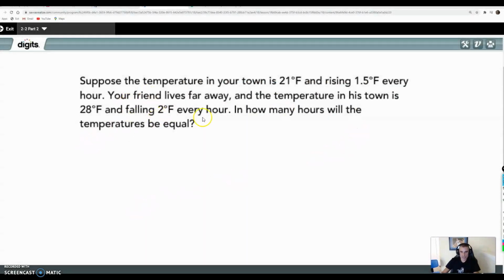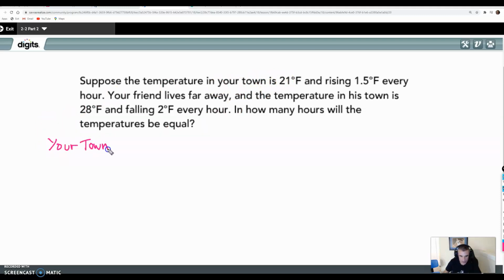All right, it says suppose the temperature in your town is 21 degrees Fahrenheit and rising 1.5 degrees Fahrenheit every hour. Okay, so let's write a little expression that represents that. So I'll call that your town.